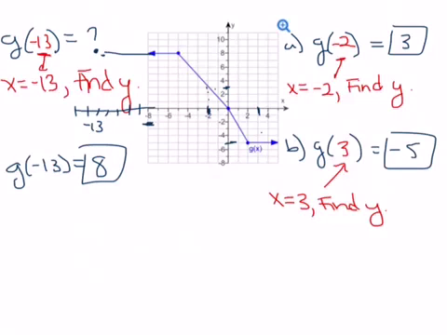Now, if you'd like to practice one more that's very similar to that one, let me ask you, what is g of, let's plug in the x value of 100. Again, at first glance, this seems like a very unfair question because my graphing grid only goes right up to x equals 5.